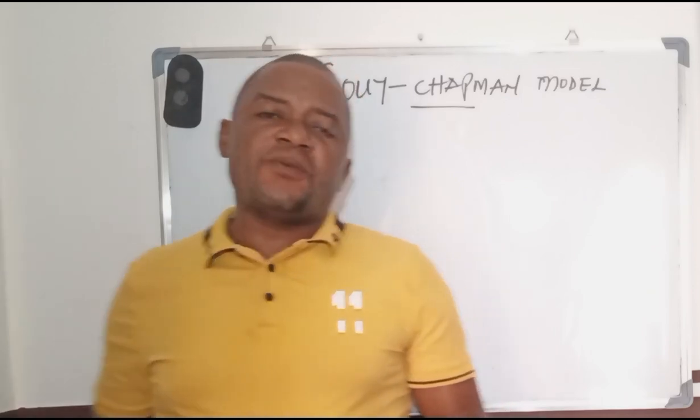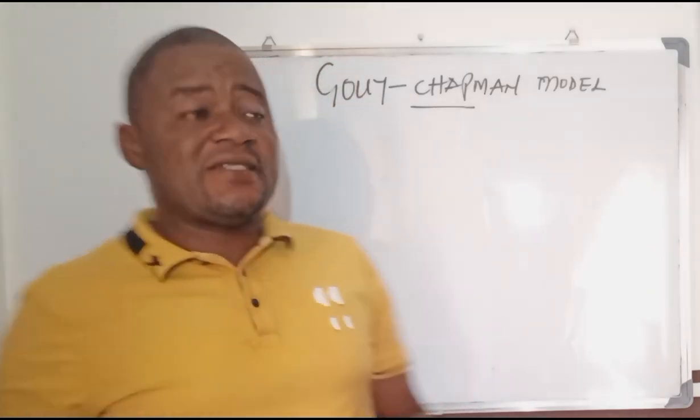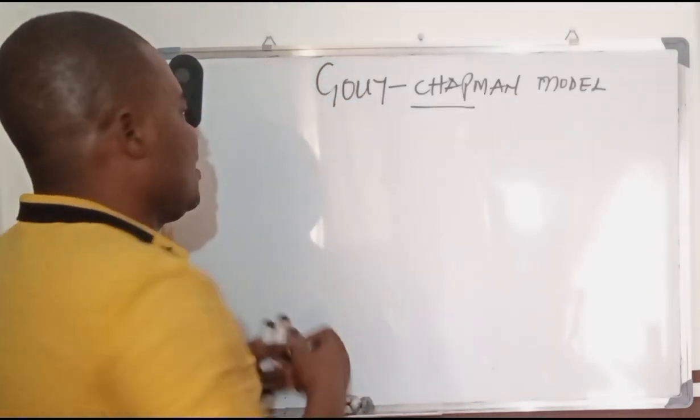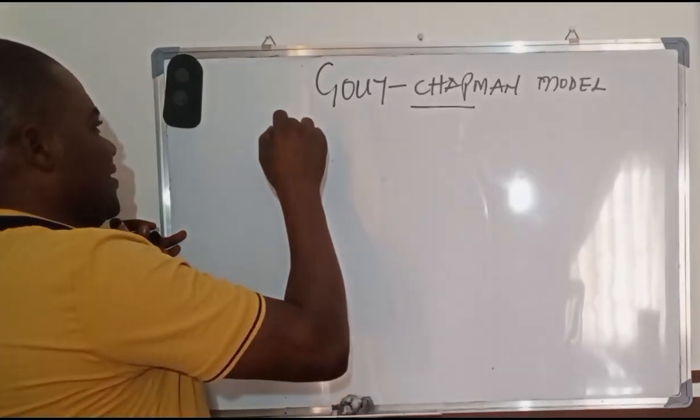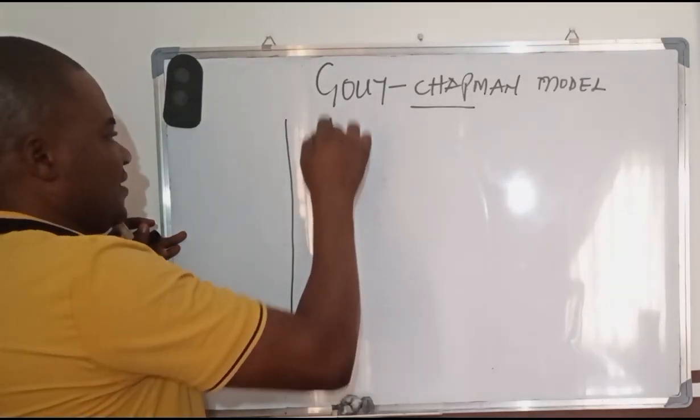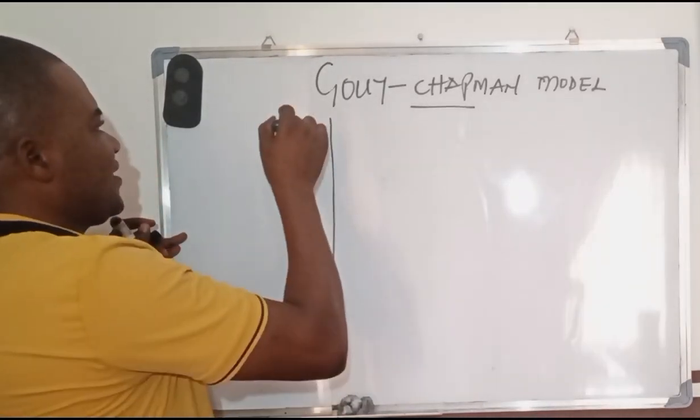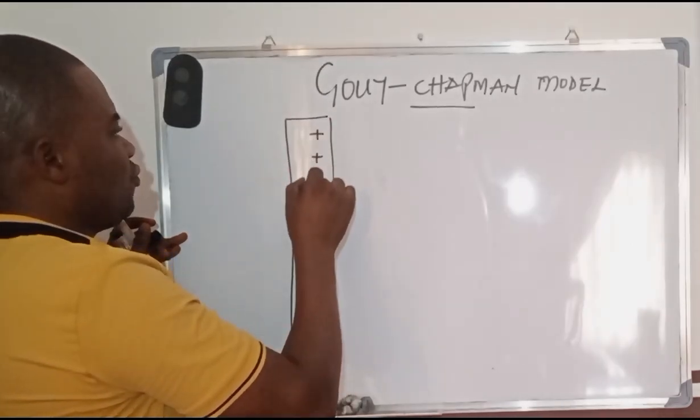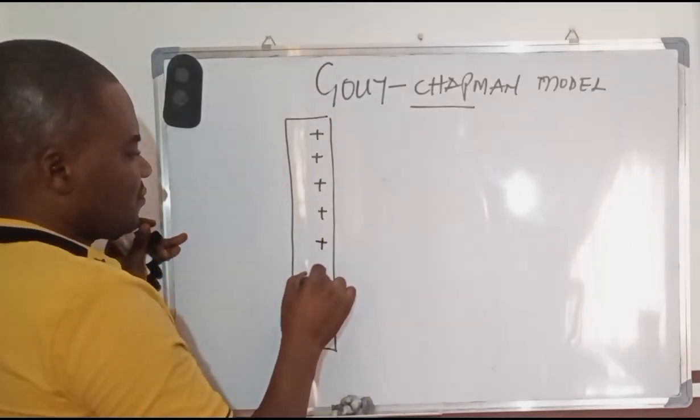Now let us put down something that will guide us in the understanding of the Gouy-Chapman model. The Gouy-Chapman model looks like this. Let us assume that what we have here is our electrode that is built with positive charges.